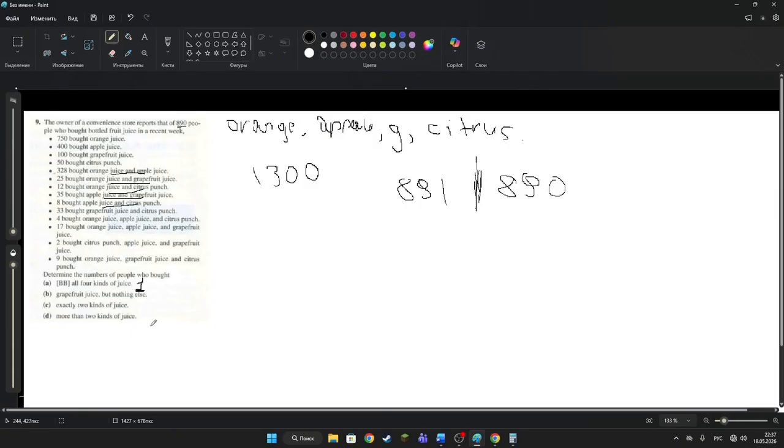So if we take that one person who bought all kinds of juice, it's 1 plus the 3 people who bought 3 juices, but in these cases that one man who bought all 4 juices is included twice, so we minus 1 and add to this.